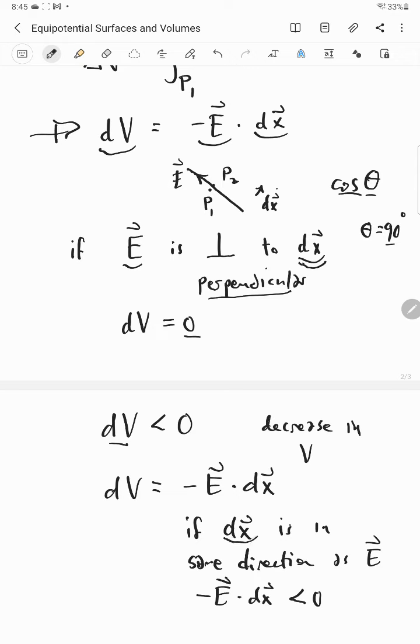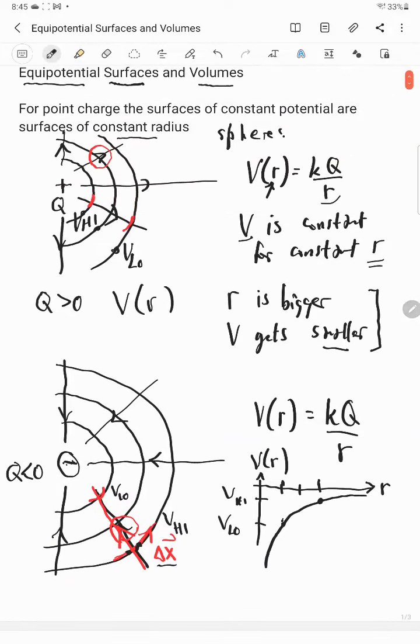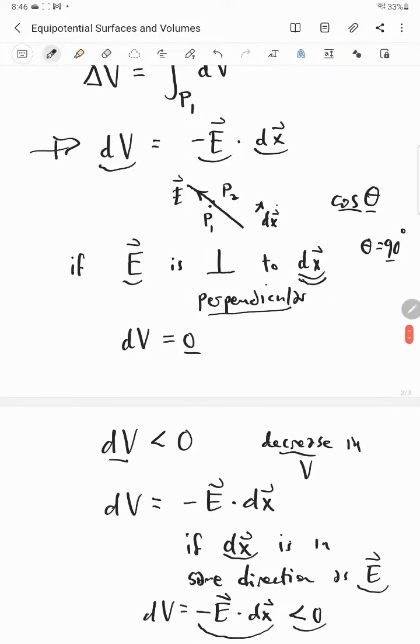So if your displacement is in the same direction as the electric field, this small change in potential will be negative. That means it's a decrease. It's taking you from a high value to a low value. And that's what we see up here. The field lines are the direction in which the potential decreases. The field lines point from the high values of V to the low values of V, right?